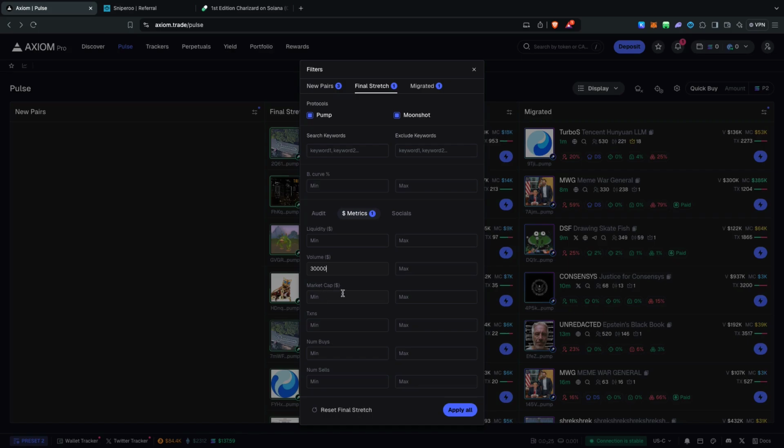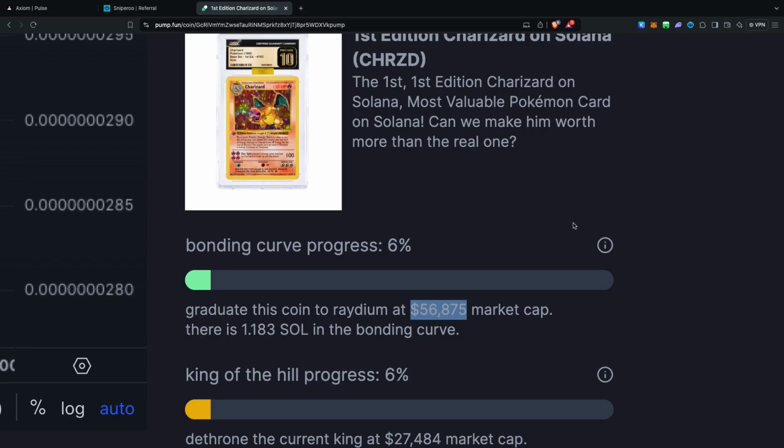When it comes to the market cap, the second aspect of the metric filter that you're supposed to use, just look at 30% to about 25% away from the graduation threshold. In this particular case we're talking about 60,000 US dollars.